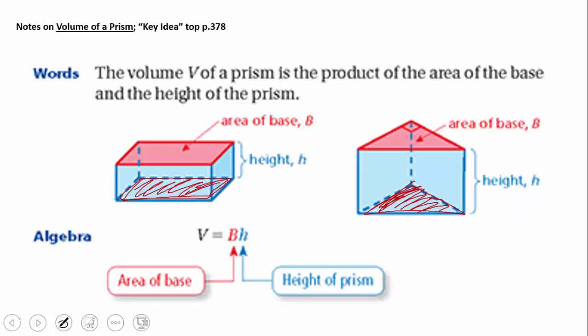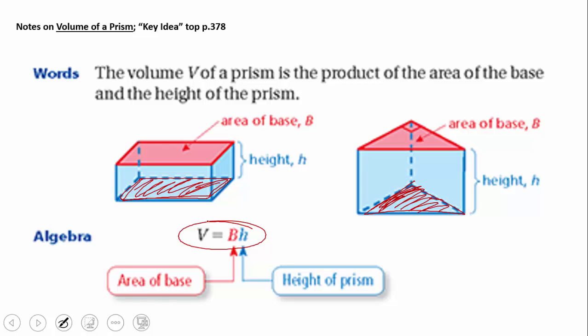Volume equals capital BH, where capital B, once again, is area of the base, and H is the height of the prism. I'm glad they used this one because that is the appropriate one. It matches what we were doing before. It has some of the same stuff in it, like capital B for the area of the base, and then H, the height, which is the distance between the bases. It's always the distance between the bases.